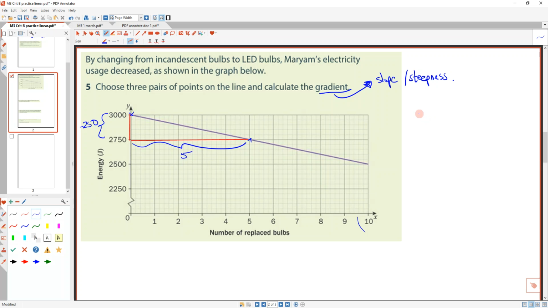So to work out the gradient, we were told that we had to do the difference in y, change in y, which in this case is negative 250, divided by the change in x, which is 5. And negative 250 divided by 5 is? Right, awesome, good.